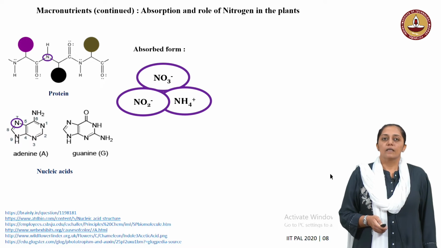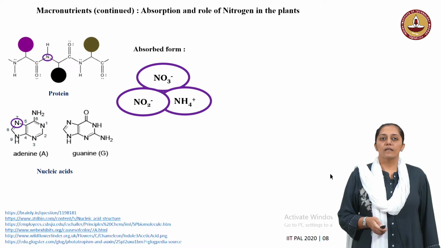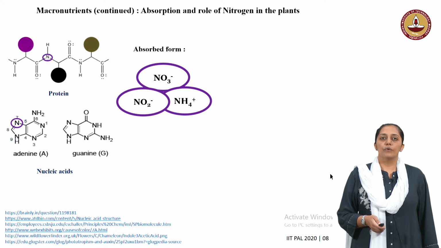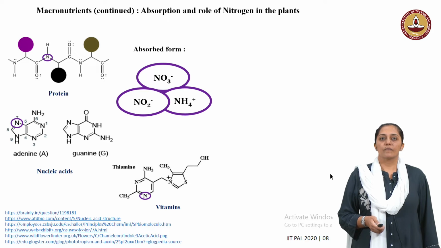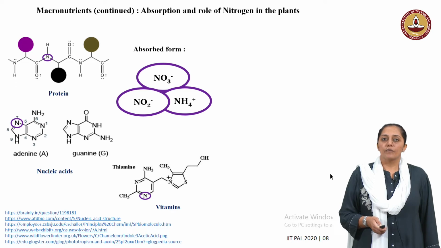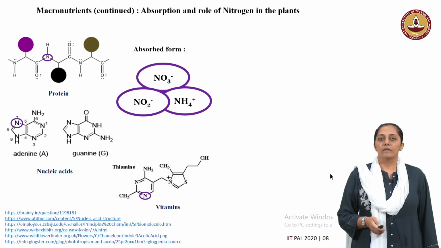Then nitrogen is also a component of nucleic acid bases like adenine and guanine, shown here. The nitrogen part has been circled in purple. In some of the vitamins like thiamine, nitrogen is a part of its structure.